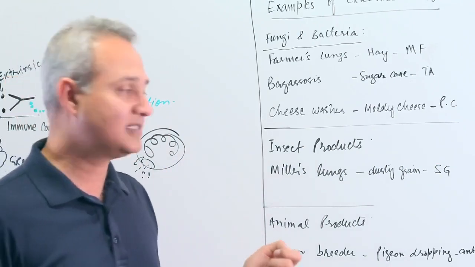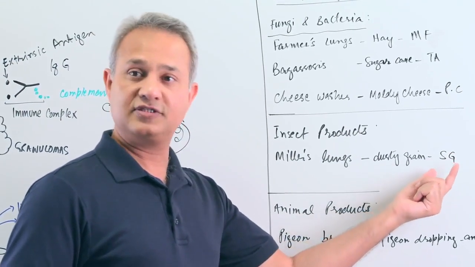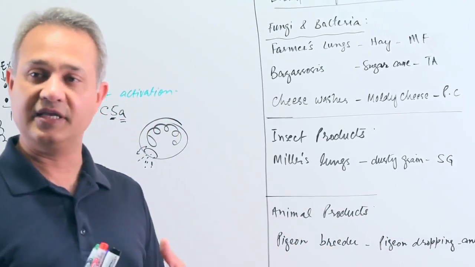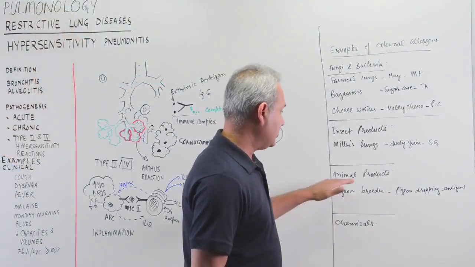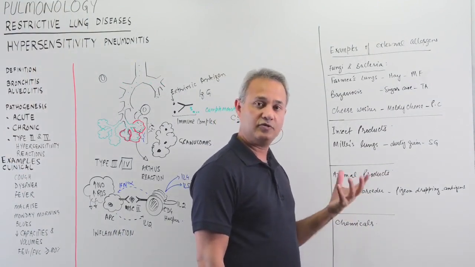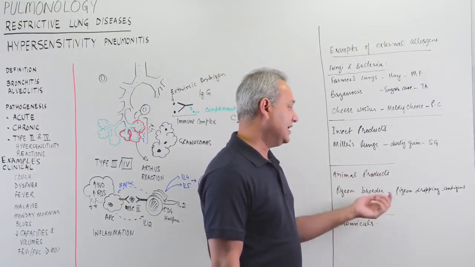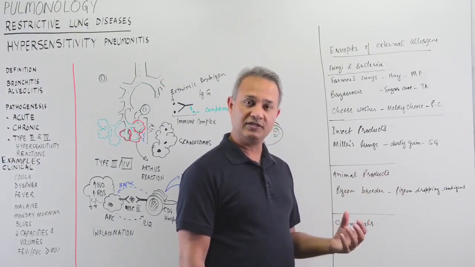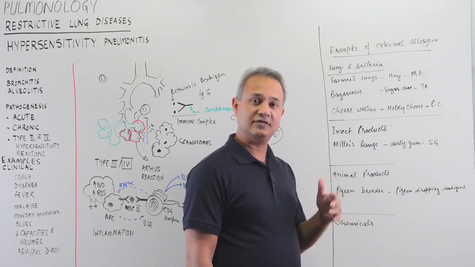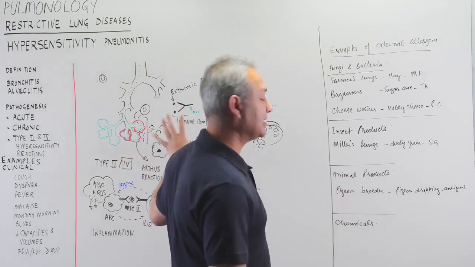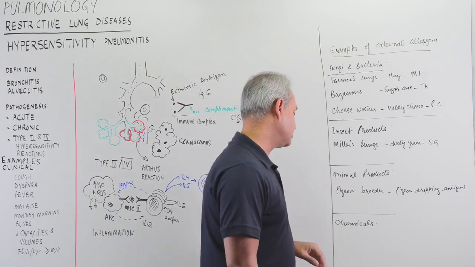So dusty grains have the Sitophilus granarius that grows on it, and that can be inhaled. We have the animal products in that. Pigeon breeders' lung is very common. The people who breed pigeons can inhale the dried pigeon droppings, and that has the pigeon serum proteins in them. That would cause a local Arthus reaction and the type 3 reaction as well, causing the problems.